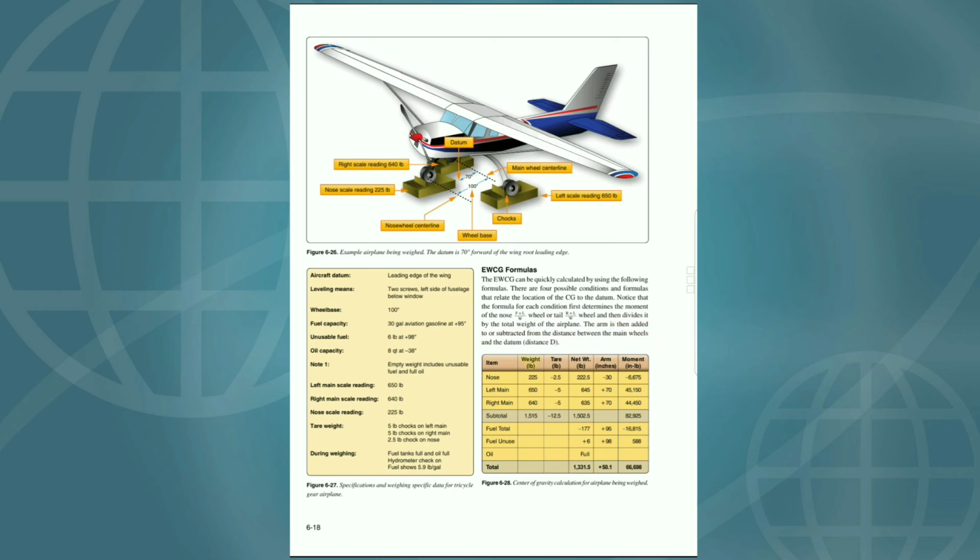Item, weight in pounds: Nose 225, left main 650, right main 640, total 1515. Fuel, unusable fuel, oil. Total tare in pounds: minus 2.5, minus 5, minus 5, minus 12.5.